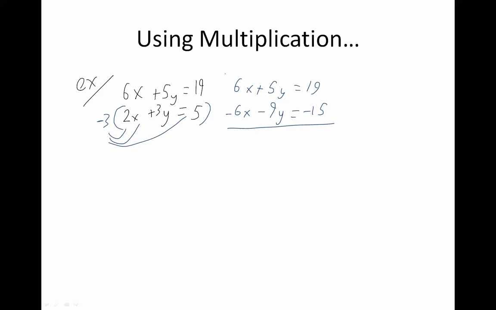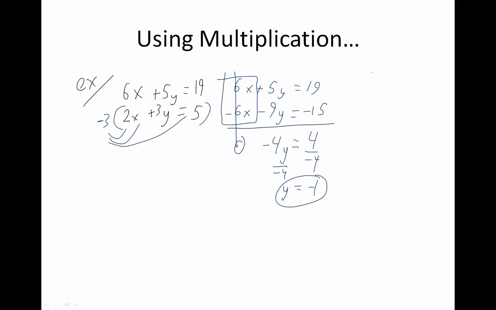Notice we get this nice situation right here where when I add them together, the x becomes 0. So it goes away. 5 plus negative 9 gives me negative 4, and that's negative 4y, excuse me. And 19 plus negative 15 is going to make a positive 4. So I now have an equation that can be solved, and I find the y value.